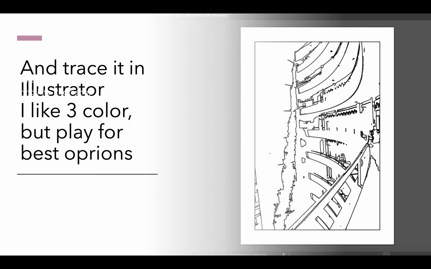What I wind up doing is a lot of expand and ungroup, because I want to get rid of all the fills. So I fill with the red slash, meaning nothing, and then I assign either a color or black to the stroke, usually about one or two pixels wide.